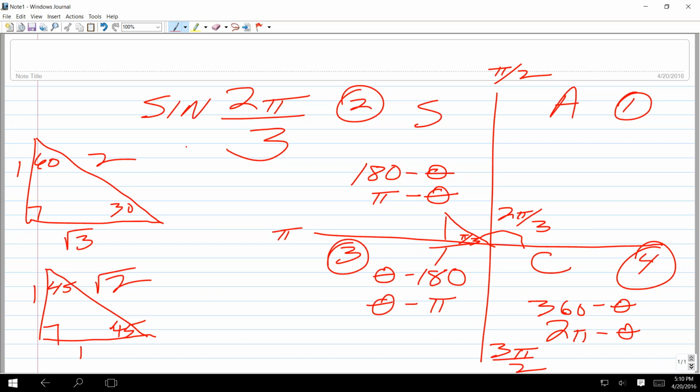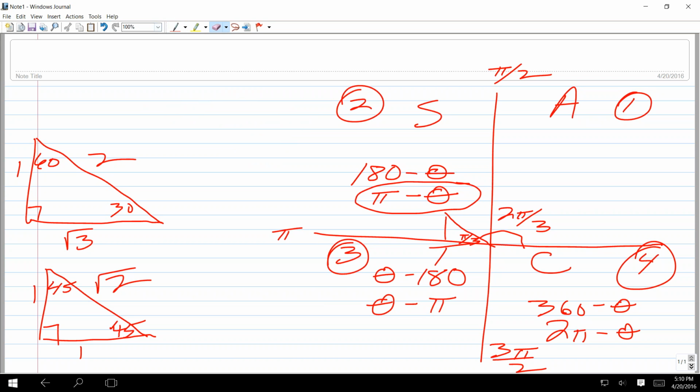So the first thing I do is figure out what the reference angle is by using this. 60 degrees. Correct. And now what's the sine of 60 degrees? Sine of 60 degrees is square root of 3 over 2.